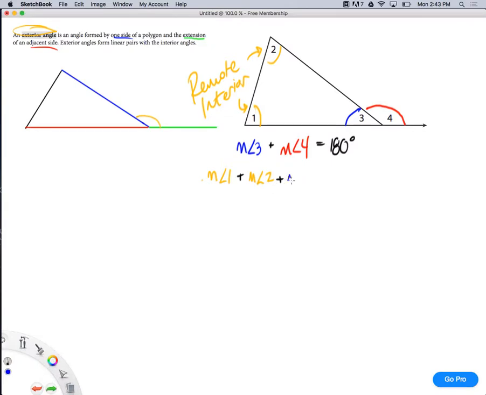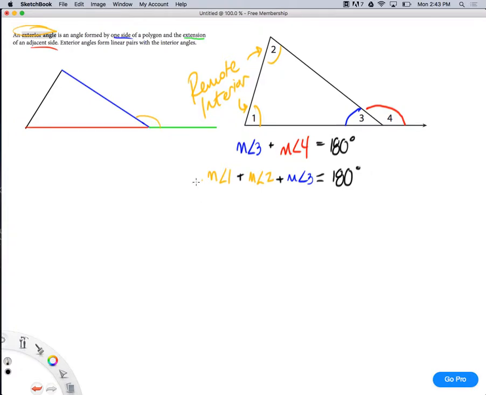Equals 180. Good. So 3 plus 4 is 180 and 1 plus 2 plus 3 is 180, so they are both equal to the same thing, which means they're both equal to each other.